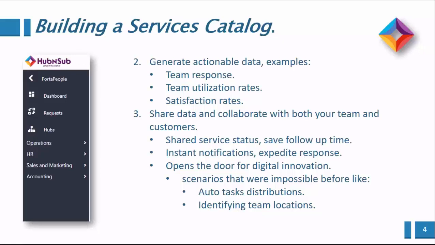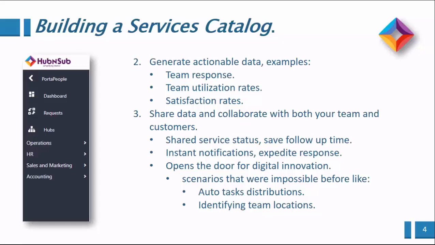One more important use of building a services catalog is that it allows the internal customer and the service provider to share data and collaborate about the services being used. For instance, sharing a service status or a request status.